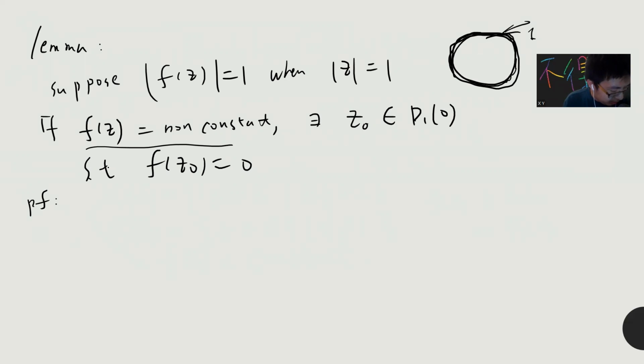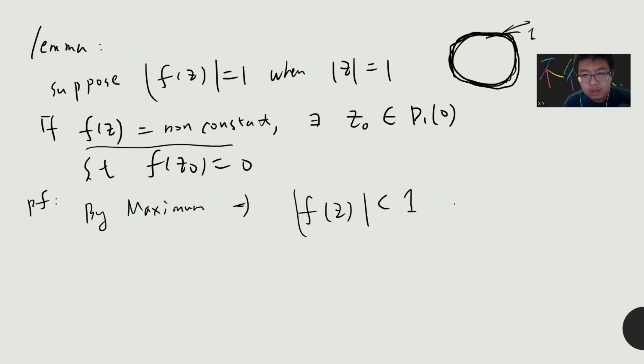Okay, the proof. By the previous result, the maximum modulus, since it's non-constant, we always have |f(z)| less than 1 when |z| is less than 1. Now suppose there is no z0 with f of z0 equal to 0.